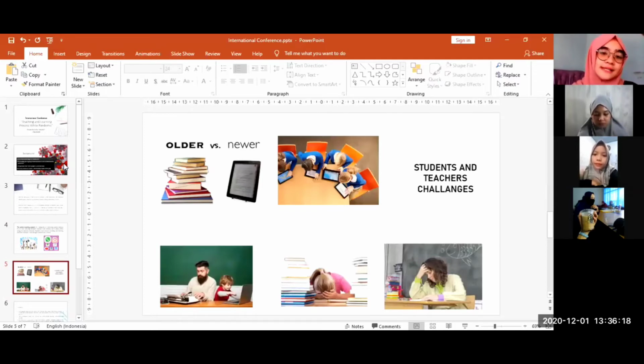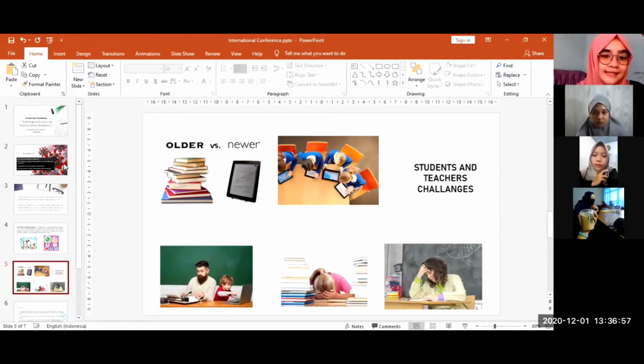First, before the pandemic, we were used to learning by books, but today we have to understand and master how to teach and how to learn by technology, for example, electronic media. And the second picture, beside that, our students now understand the use of technology very well, and often the teacher does not master the technology more than the students.